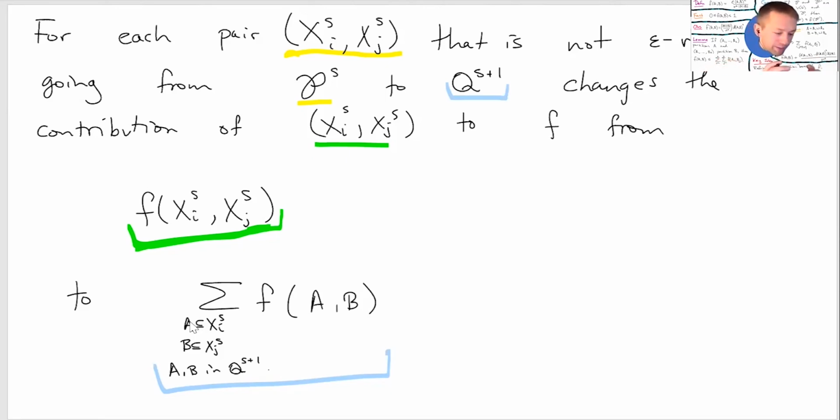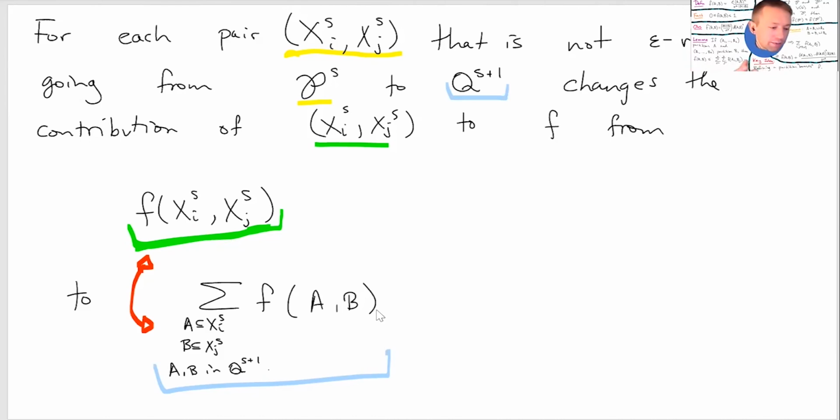So if I compare f of PS to f of QS+1, I replaced each term like this with oodles and oodles of terms, all of the terms of this sum. But that's all that happened, right? Everywhere you see one of these, you just replace it by this.